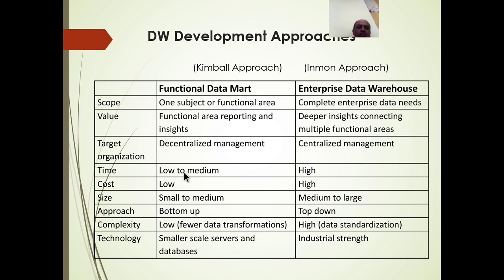Time is very low to medium for Kimball, but Inmon needs very high time. Cost is very low for Kimball, and very high for Inmon. Size is small to medium for Kimball, and medium to large for Inmon. The approach is bottom up for Kimball and top down for Inmon. Complexity is very low with fewer data transformations for Kimball, and very high with data standardization for Inmon. Technology is smaller scale servers and databases for Kimball, and industrial strength for Inmon.